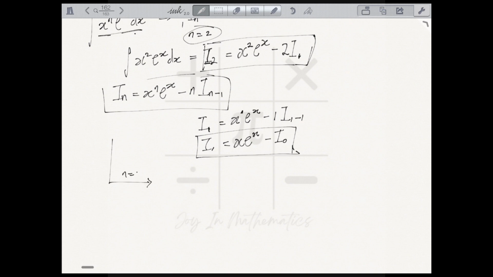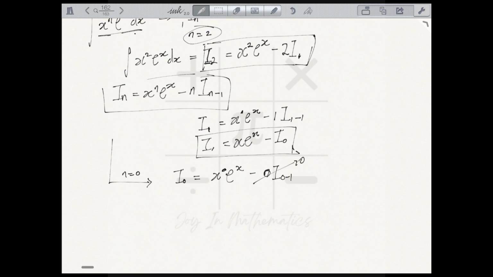When n is equal to 0, we have that I0 is equal to x raised to the power 0 exponential x minus 0 times I(minus 1).